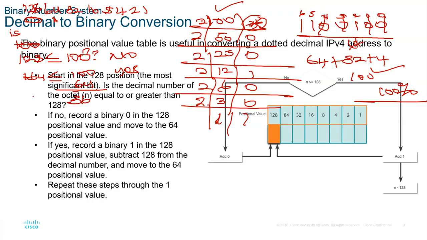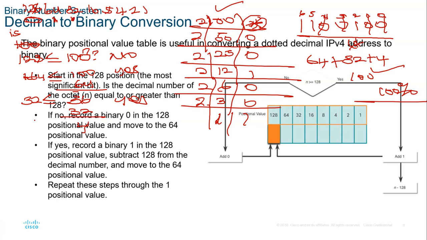Now the same question, you go to the next one. Is 32 less than or equal to 36? The answer is yes. You subtract 32 from 36, and you remain with 4. Here you record the 1 for 32.